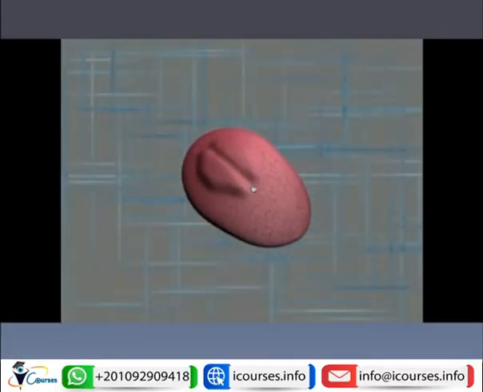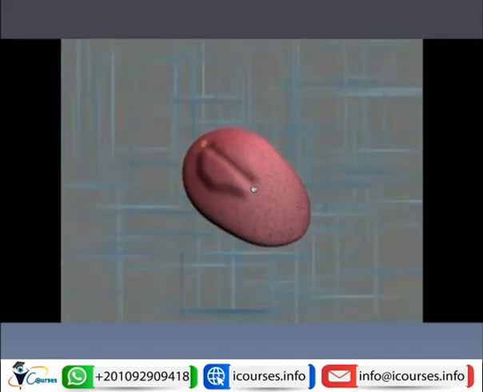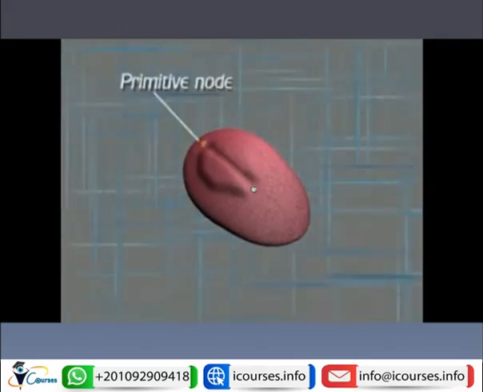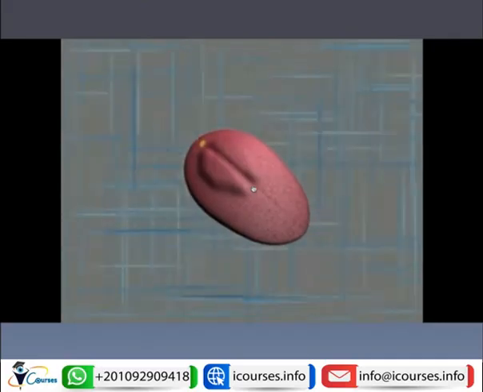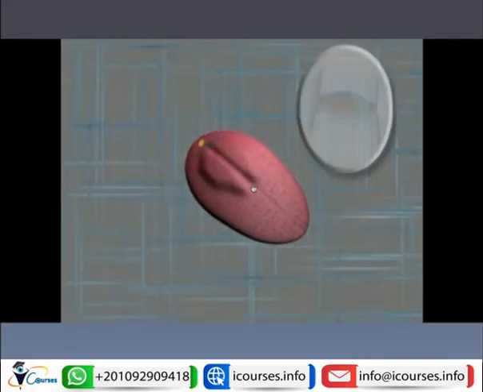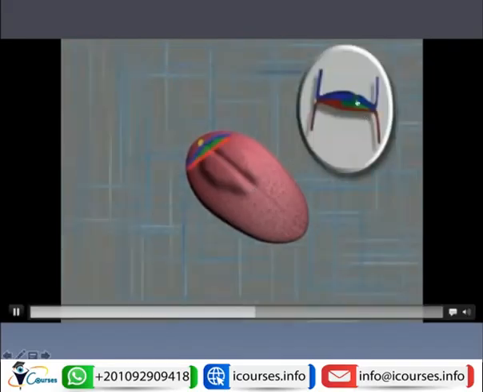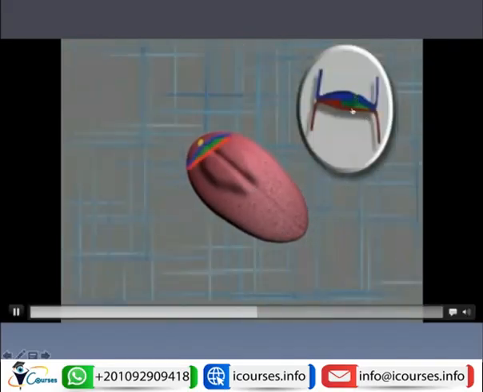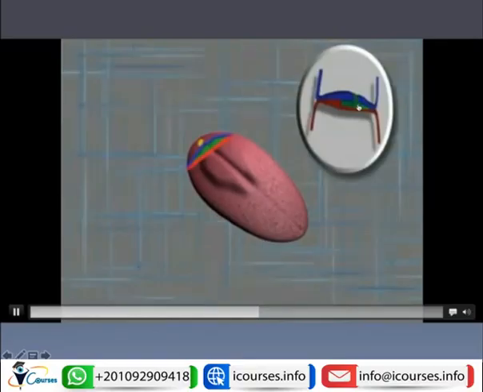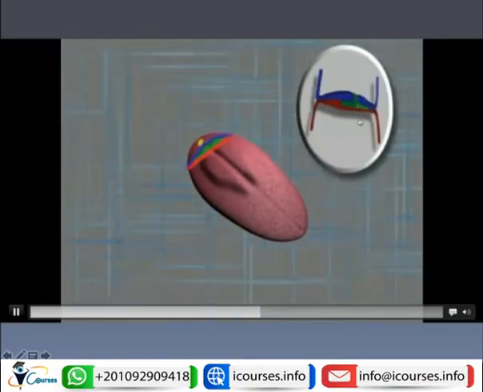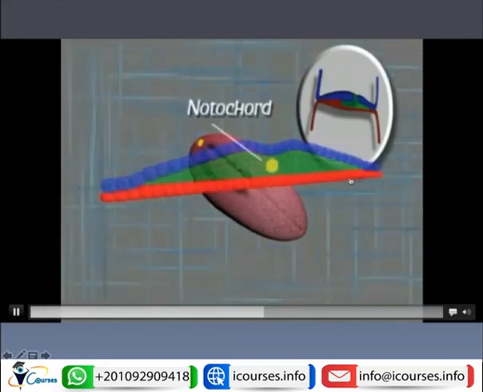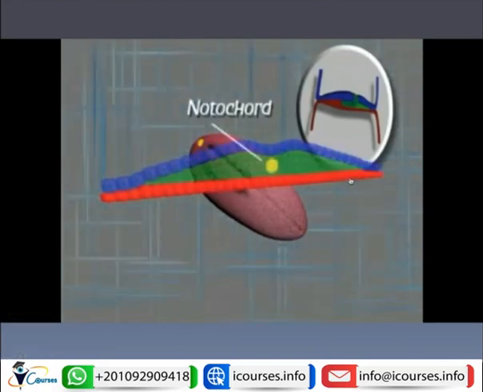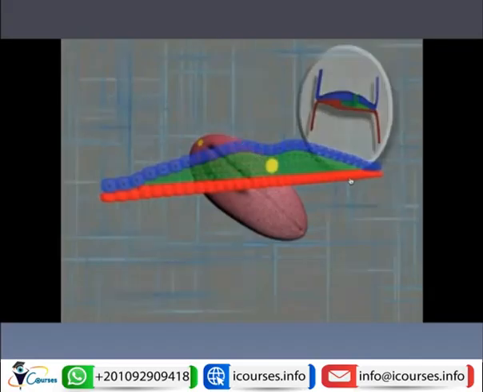The rostral end of the streak ends in a small depression called the primitive node or pit. At this node, the cells of the ectodermal layer divide and migrate between the ectoderm and the endoderm to form a solid column that pushes forward in the midline. This cord of cells is referred to as the notochord, and its function is to support the primitive embryo.